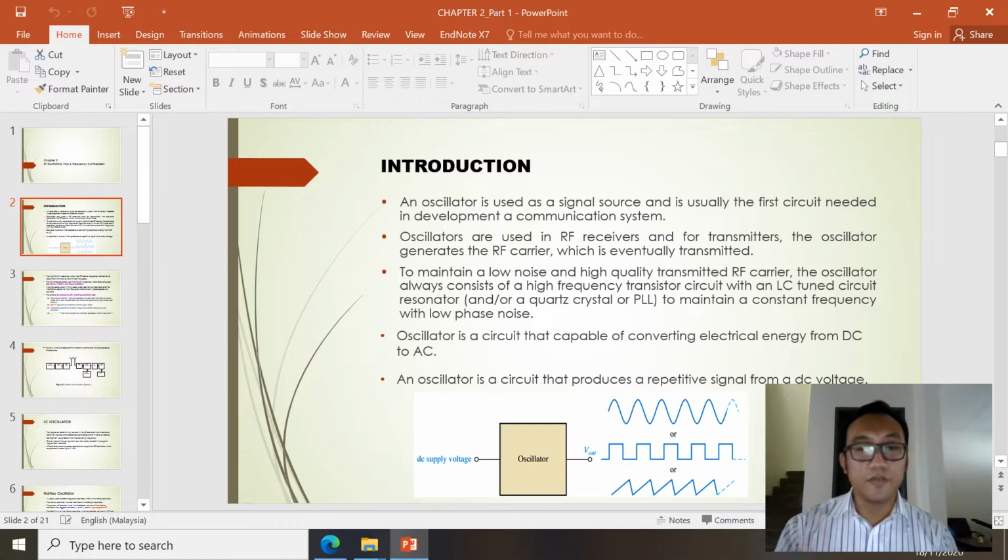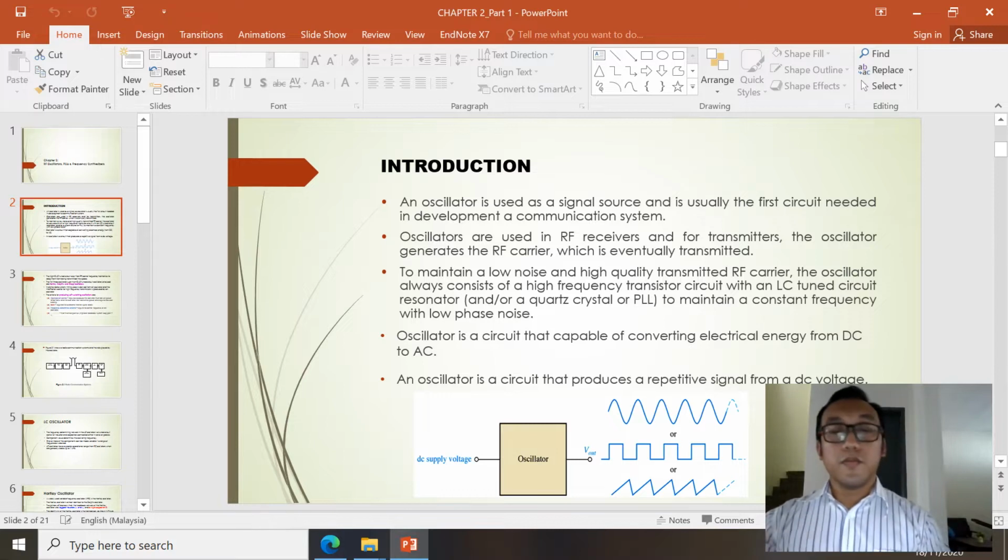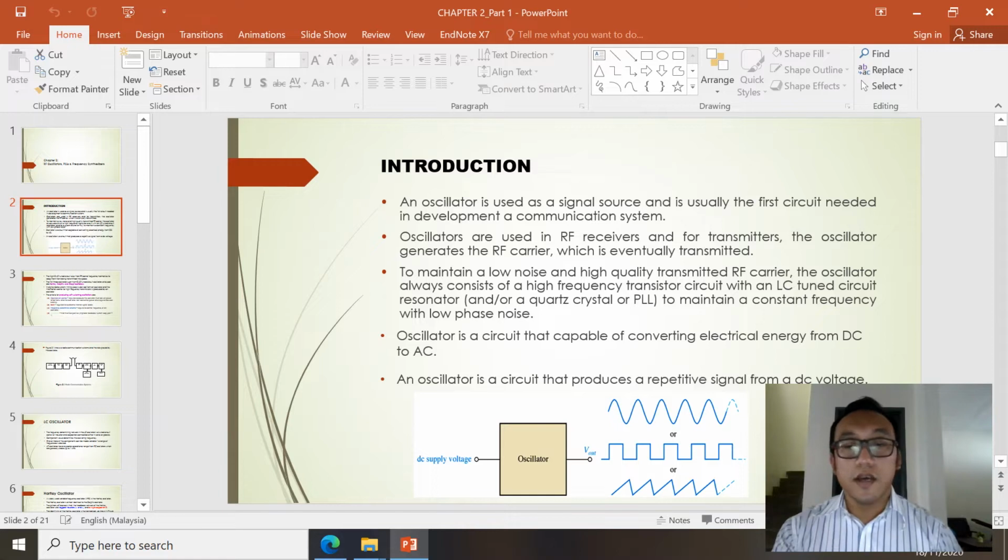Okay, that's simple. So the oscillator cannot work by itself. It needs a power supply. This is the power supply, then this is the oscillator, and then this is the output. The output waveform can be rectangular, triangular, or sinusoidal, as long as the carrier is larger than the data.